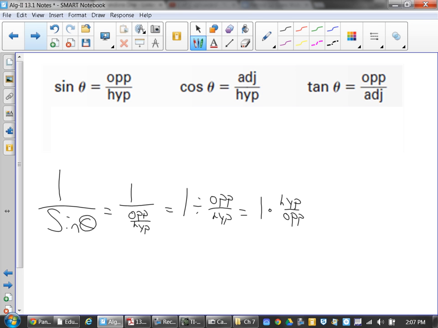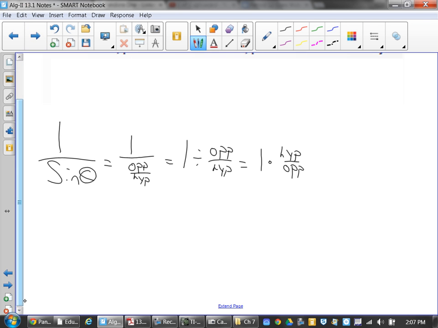Cosecant of theta is the inverse of sine. So we have hypotenuse over opposite is the inverse. The cosecant is the hypotenuse over the opposite. It is the inverse of sine.